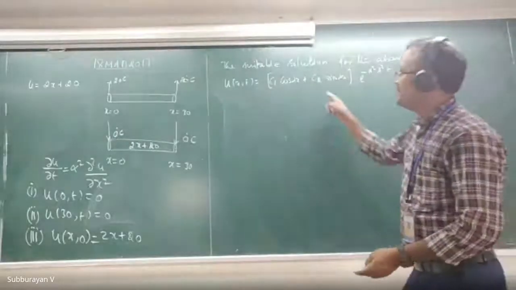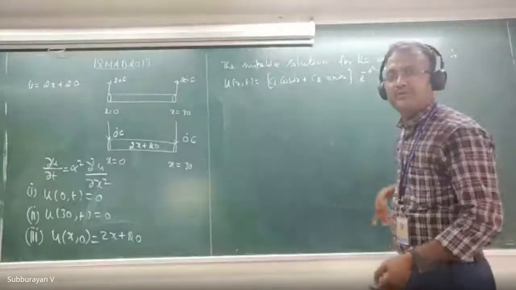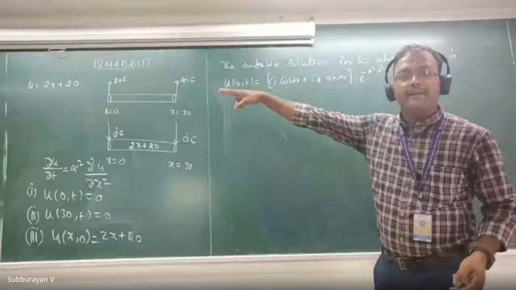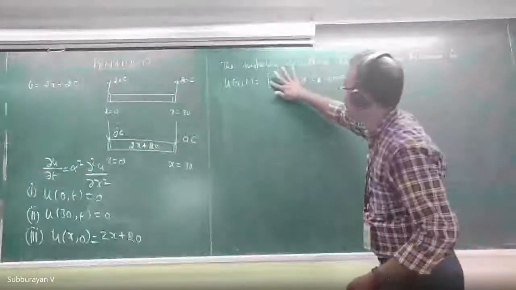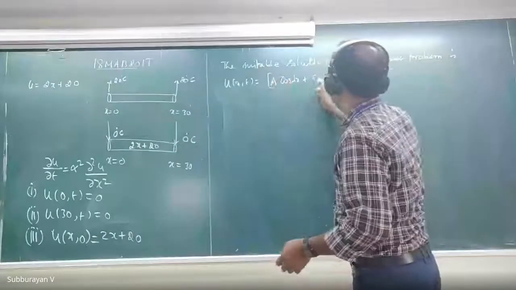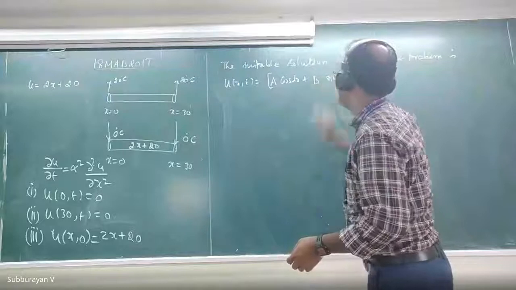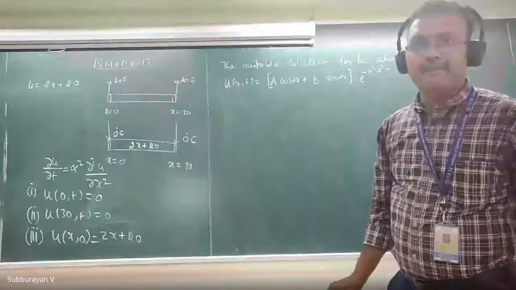See guys, there will be some confusion. Already we have used C1 and C2 for finding the steady state temperature distribution. Therefore I change this to A, an arbitrary constant A, and this is B, so that there won't be any confusion.